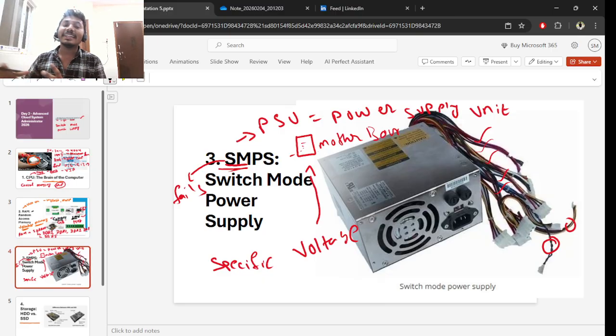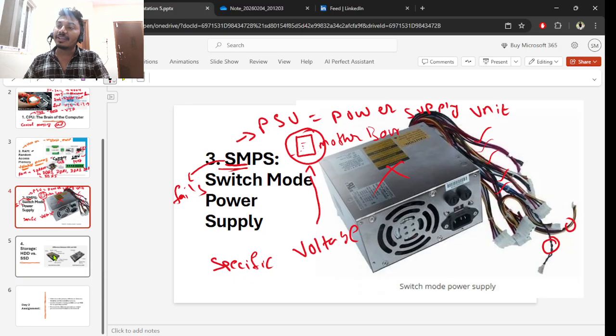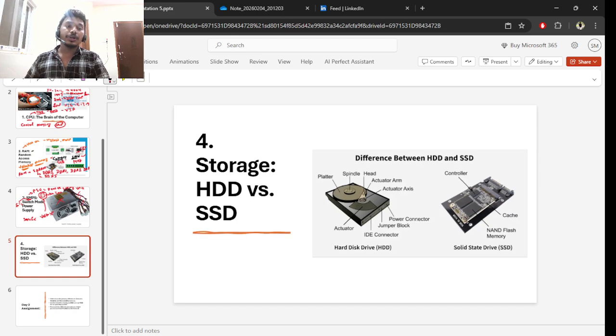Each color and each size is carrying a specific voltage. It's required to run the various components in our motherboard. If this SMPS fails, our motherboard won't work, because the necessary power won't be received by the motherboard. That's it.